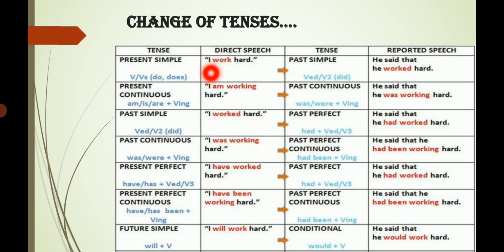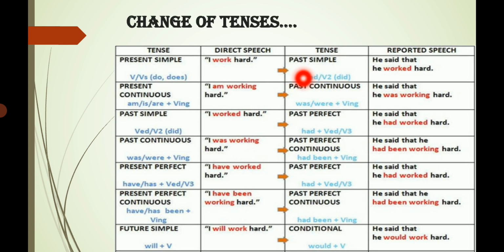For example, if the sentence is I work hard, it will be changed like this: he said that he worked hard. You all know that inverted commas will be replaced with the word that, and next you have to change the tense because in the reporting speech there is a second form, said, so that is why we will change all these tenses.